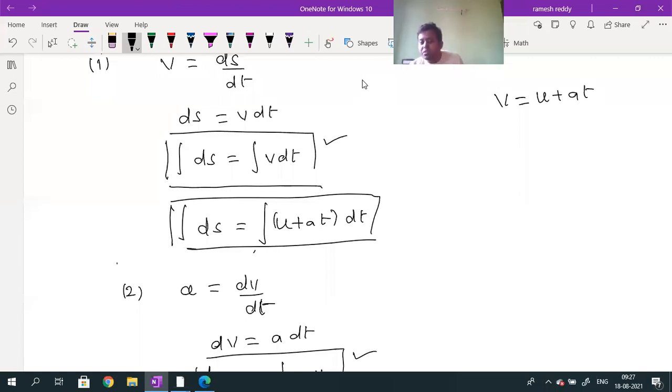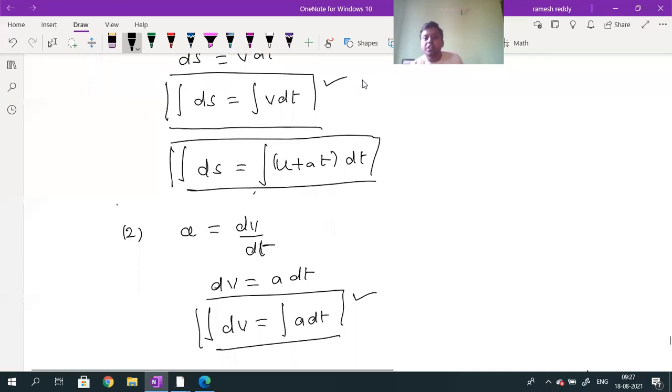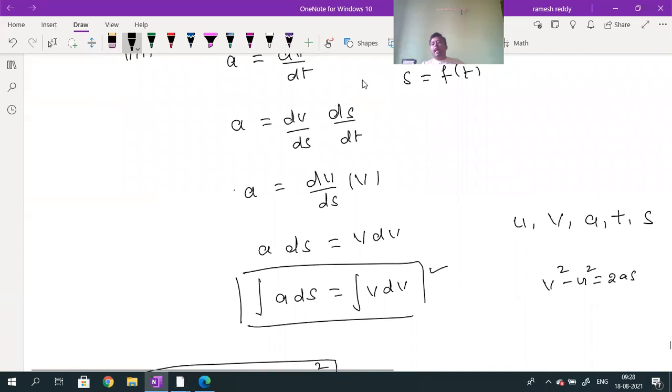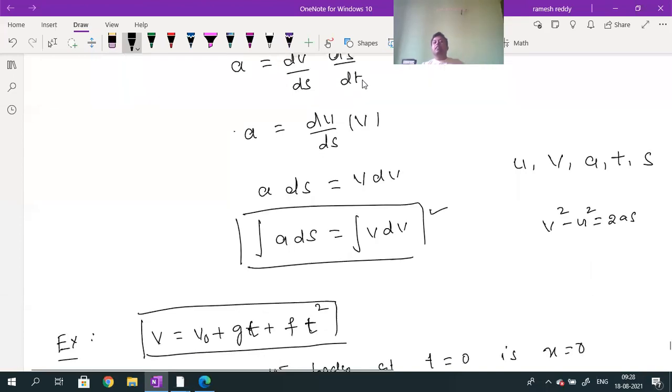Sir, when can I use the second equation? I can use it whenever I want a relation between velocity and acceleration: if acceleration is given and they ask you to calculate velocity. I can use the third equation if acceleration and velocity are given and they ask you to calculate displacement. Based on the given data, decide which equation to use.